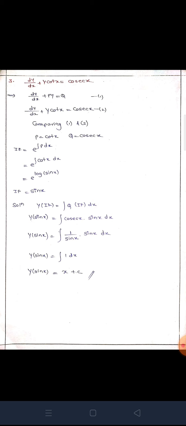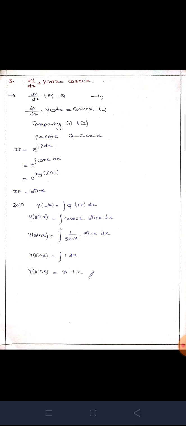Now write the solution for the differential equation, that is y into I.F. is equal to integration of q into integrating factor dx. So y of sin x is equal to integration of cosec x into sin x dx. Cosec x can be written as 1 upon sin x.